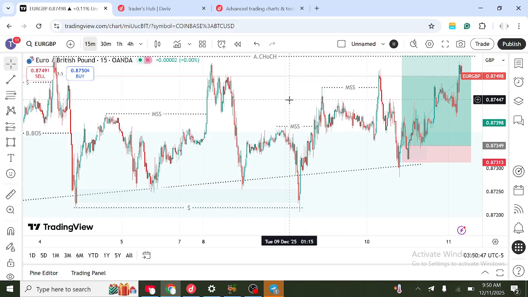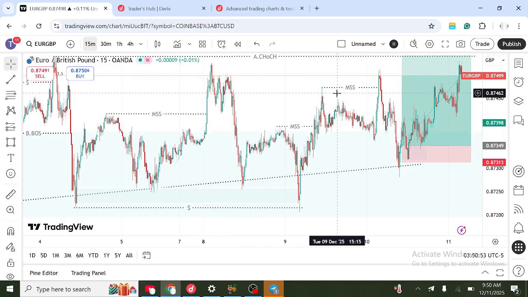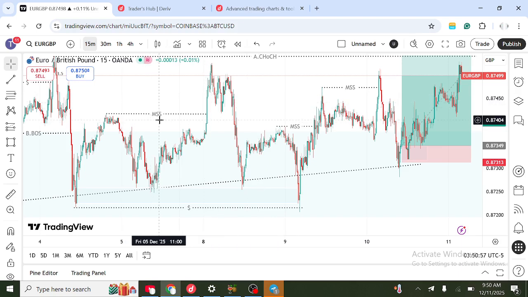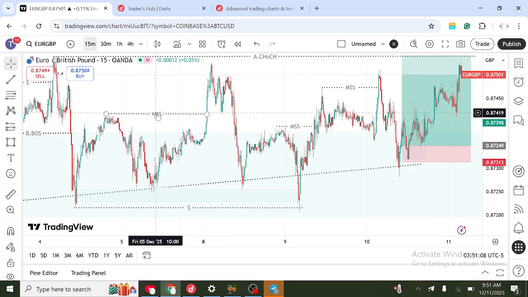In some instances where we don't have this kind of market structure shift, you most likely have either the turning market structure shift or the sweep of liquidity market structure shift. So this is the first market structure shift. When price takes out this high, that is when this market structure shift is confirmed.